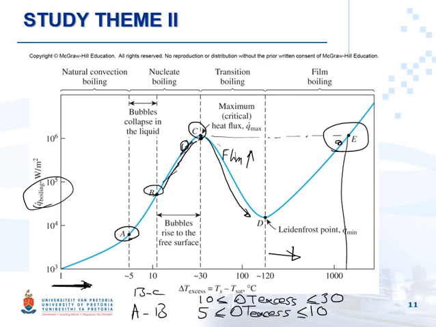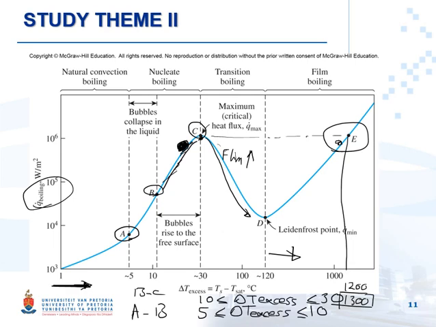Let's say 1200 or 1300 degrees higher than the saturation temperature of the liquid, while we could get the same Q dot at around 25 or 26 degrees higher than the saturation temperature of the liquid.